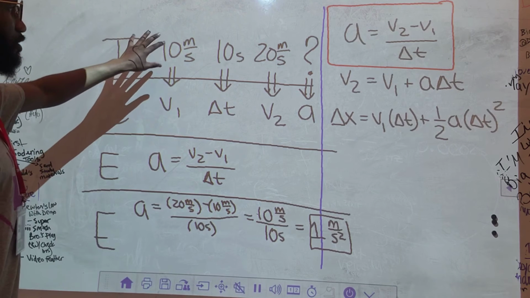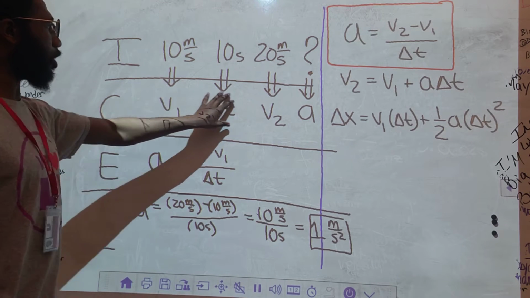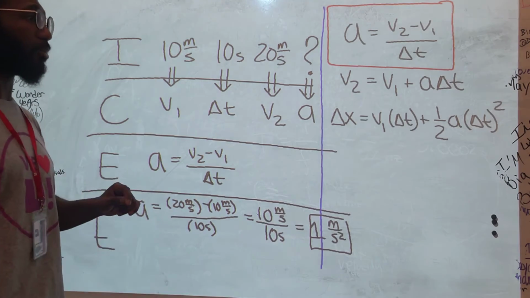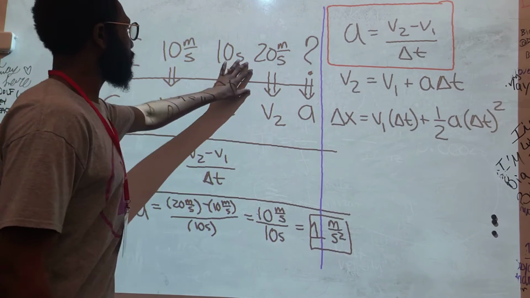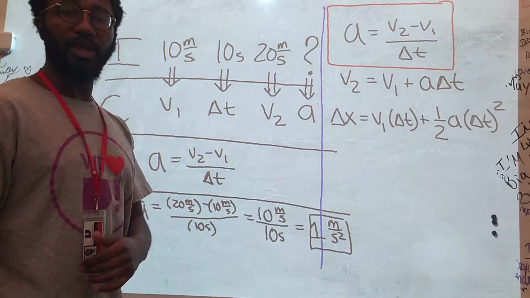Again, just make sure to take note of how we labeled all of our symbols according to what they told us in the problem. One of the issues I see some students do is sometimes the starting velocity is actually lower than the ending velocity.